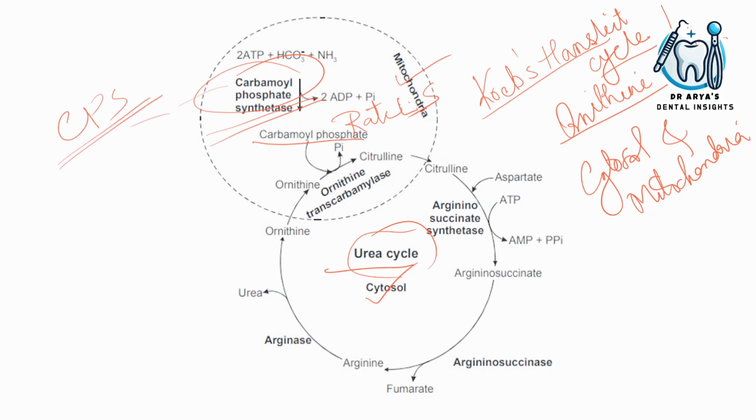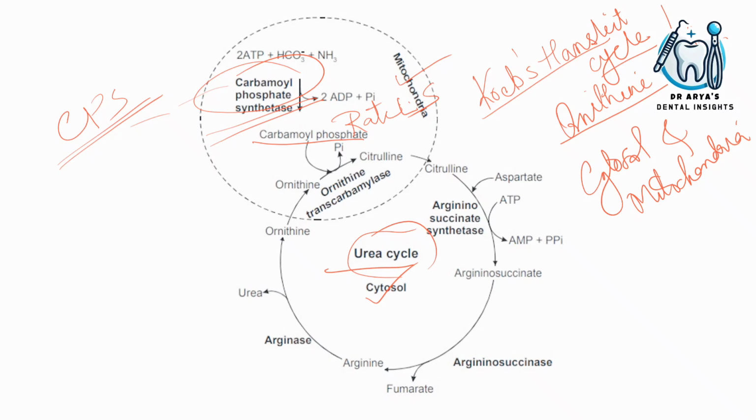Okay, and this carbamoyl phosphate enters the urea cycle and combines with the ornithine to form citrulline. Then citrulline enters the cytosol. It converts to arginosuccinate by the enzyme arginosuccinate synthetase, then into arginine by the enzyme arginosuccinase, then ornithine by the enzyme arginase, then enters the mitochondria, and it continues the cycle.